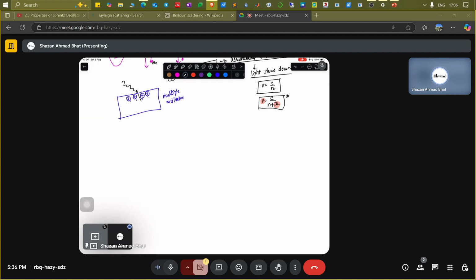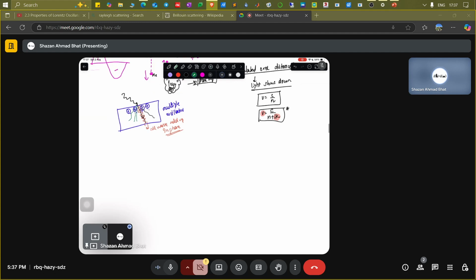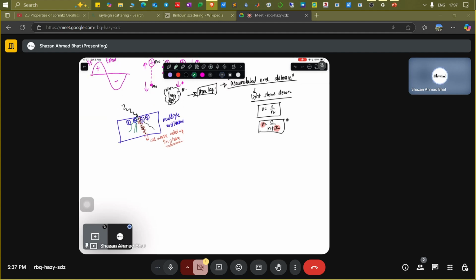There is a bending of this wave because that phase lag accumulates, and as a result it gives a wave in this particular direction where all waves add up in phase, and in all other directions, for example this direction or this direction, they almost cancel out each other. So that's why you will see upon refraction there is a bending in the wave. That is happening because these oscillators tend to have a phase lag associated with them.